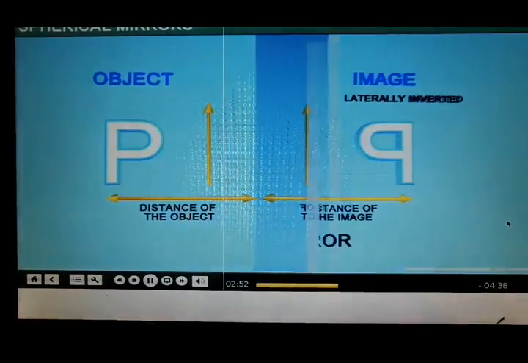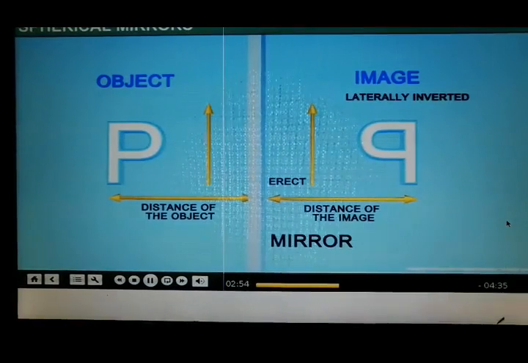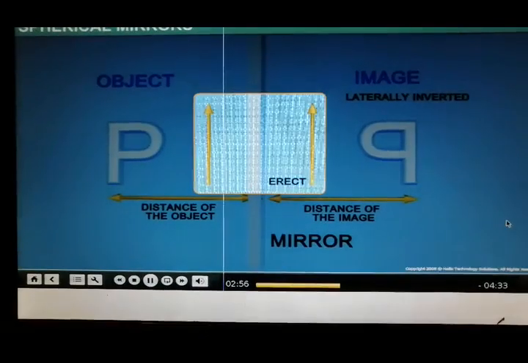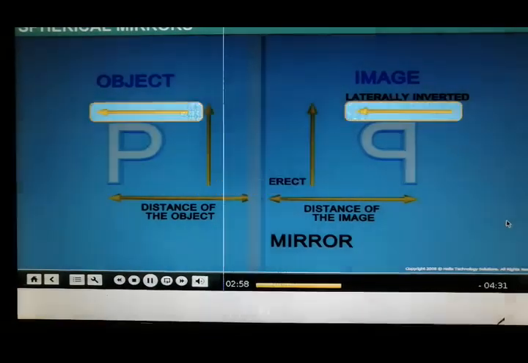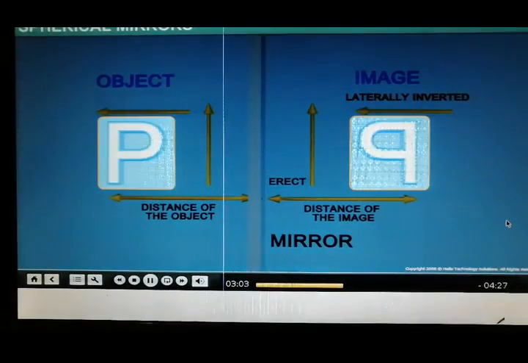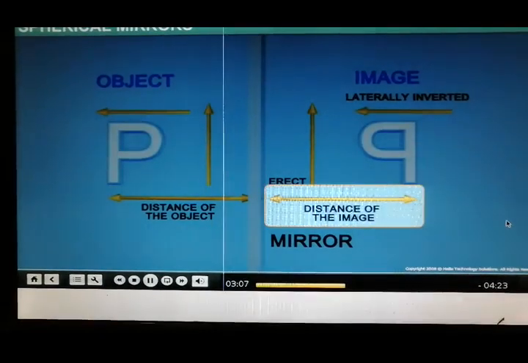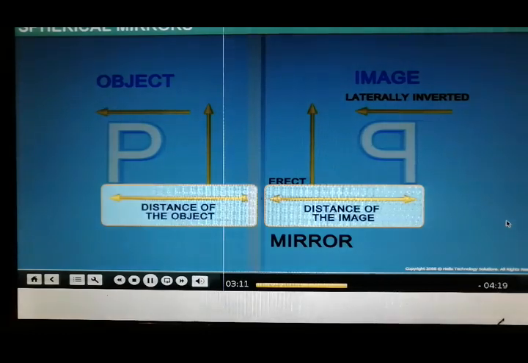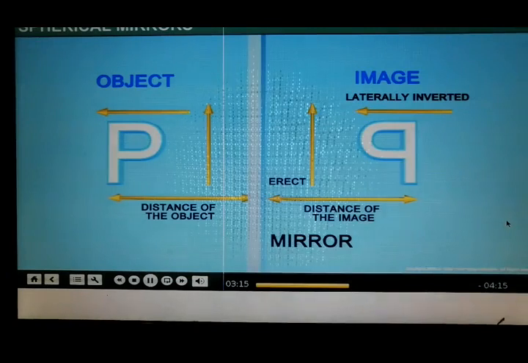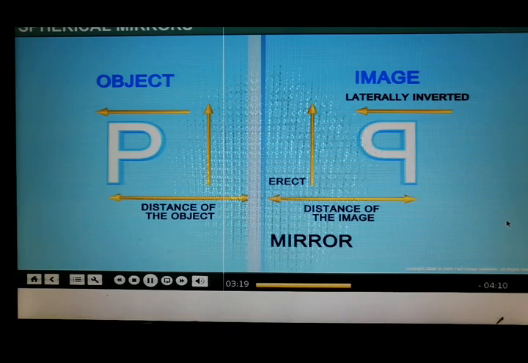The image of an object formed in a plane mirror is erect, laterally inverted, of the same size as that of the object, and the distance of the image from the mirror is equal to the distance of the object from the mirror. These are standard characteristics of images of objects formed in plane mirrors.